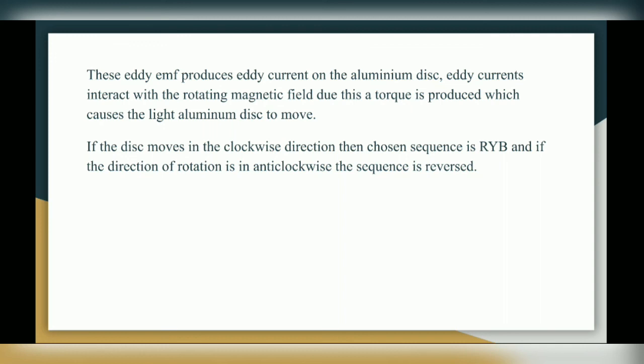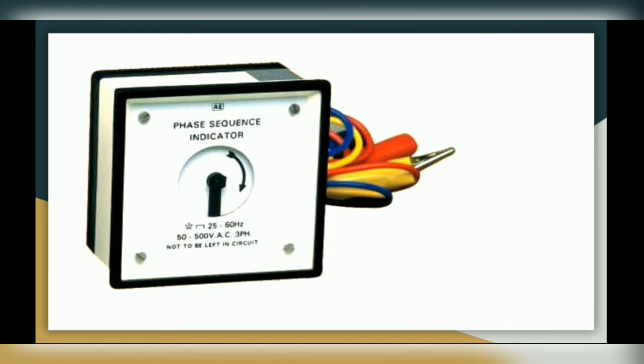So in this, the main part of this phase sequence indicator is the disc. If the disc is rotating in clockwise direction, then your phase sequence is correct, and if the disc is rotating in anti-clockwise direction, then your phase sequence is incorrect. So this is the actual image of this phase sequence indicator.